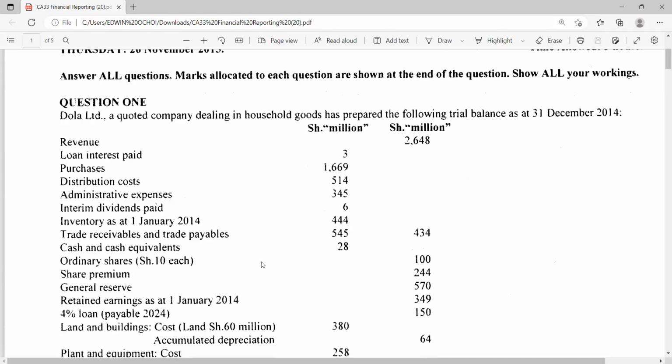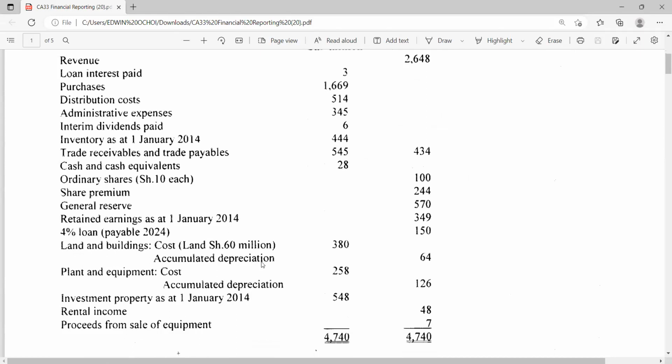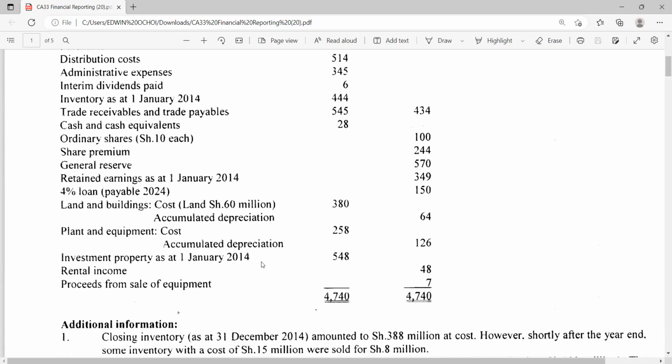We have the revenue, loan interest paid, purchases, distribution costs, administrative expenses, interim dividends paid, inventory, trade receivables and payables, cash and cash equivalent, ordinary shares, share premium, general reserve, retained earnings as at 1st January 2014, 4% loan payable 2024, land and building. We have the costs. You are given for land is 60, so meaning that for building would be 320. So the total value of the land and building is 380.